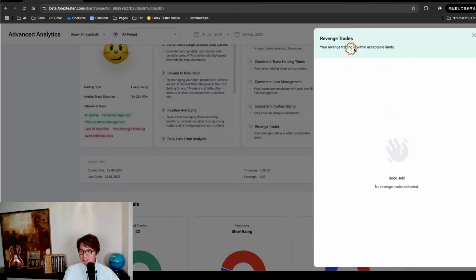This one is interesting, right? When you buy, and probably after you exit, sell or buy again, it may appear as revenge trading. And if that's too much, then you get comments like this, so that you realize your own psychology or your own pattern. So that's good.